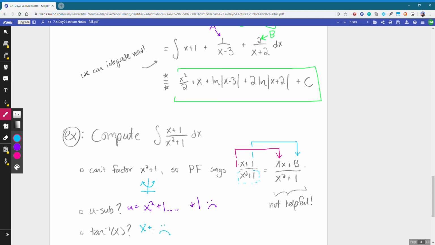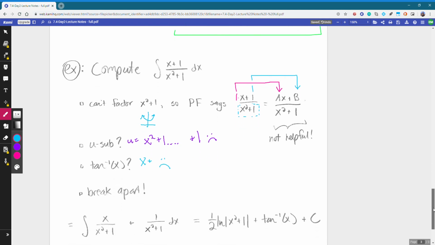If only there was some way of only dealing with one part of the numerator at a time. And hold the phone, there is. We can actually break it apart some more.